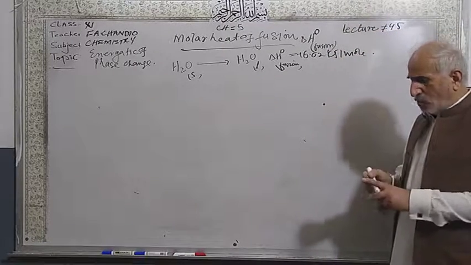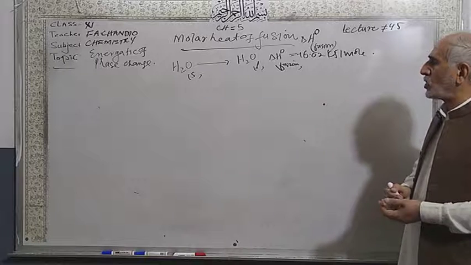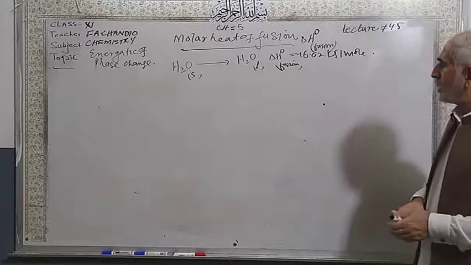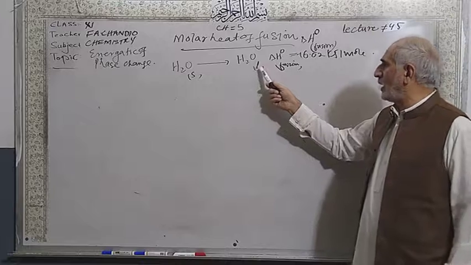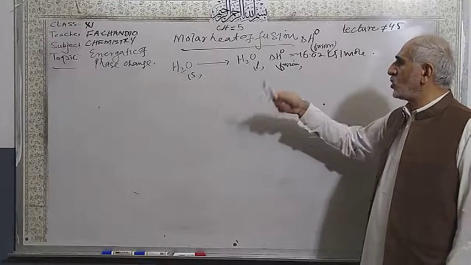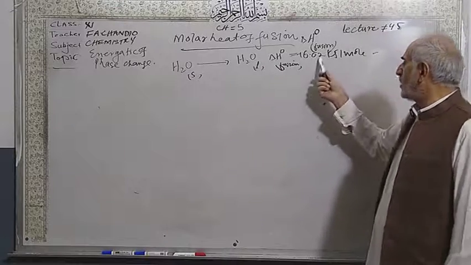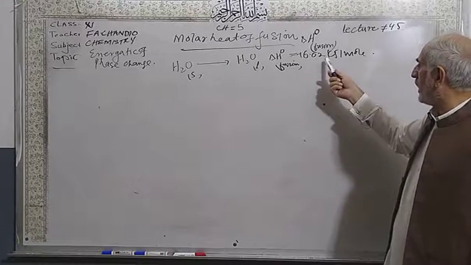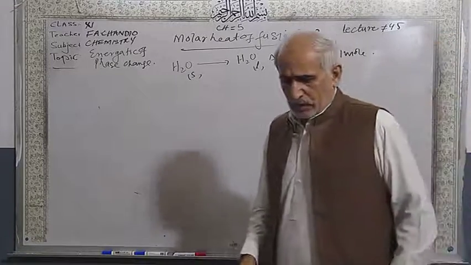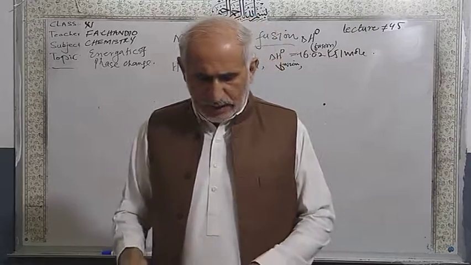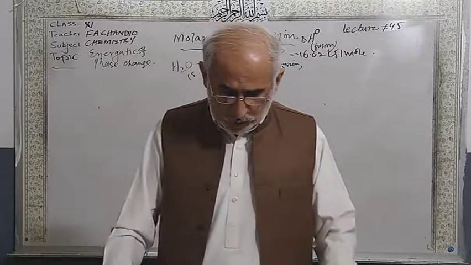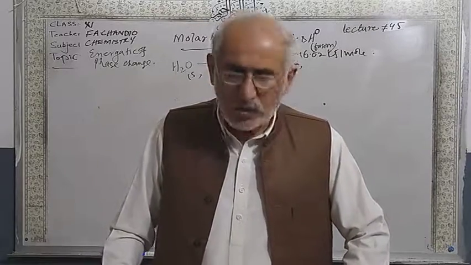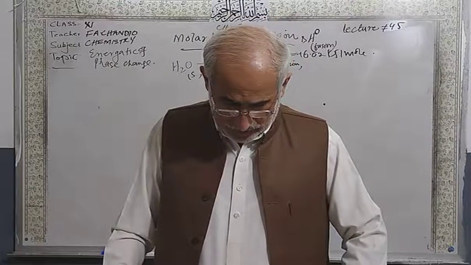So when 1 mole of solid ice H2O changes into liquid H2O, the phase is changed. This amount of energy required is called standard molar heat of fusion. We call it melting.